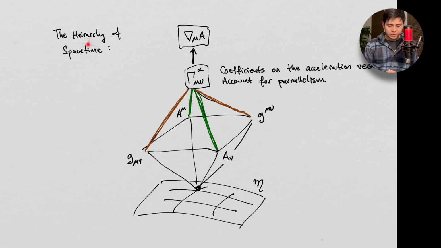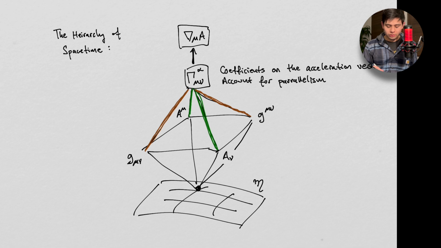So, I like to call this a hierarchy of spacetime because this looks like a pyramid. And a pyramid has a top to it. So, somewhat like a hierarchy, like a food chain or something like that. Here's our manifold down here. So we're erecting pyramids at every point in spacetime. They're sort of abstract pyramids, though. This is the abstract pyramid of spacetime.